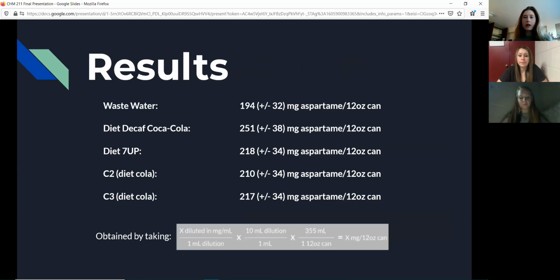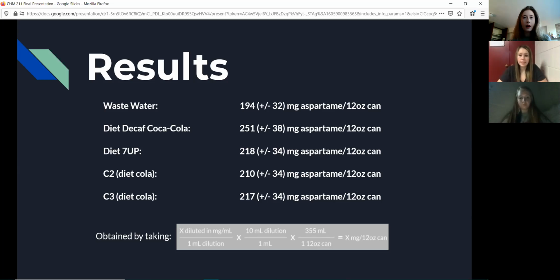In analyzing our results, we took the diluted concentration of each solution that we got, in milligrams per milliliter, and we did a series of calculations that is shown on the bottom. In that series of calculations, we found that wastewater had the lowest concentration of aspartame, which wasn't very surprising because it's not a soda.